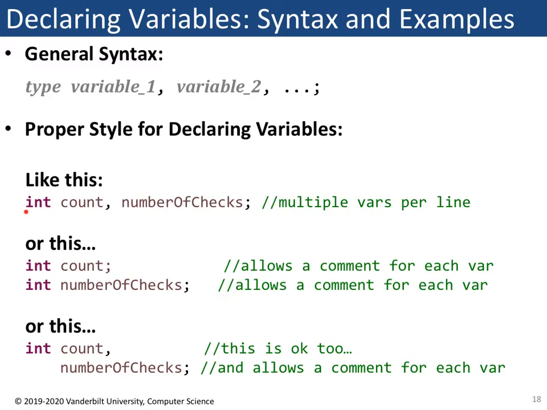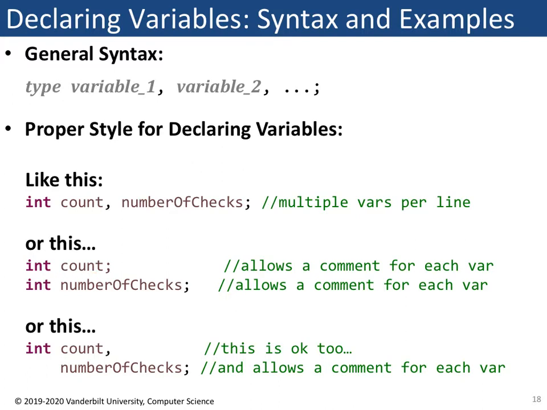Examples of this would be int count, comma, numberOfChecks, semicolon. So we have declared two variables, one named count with the type integer, and one named numberOfChecks with the type integer. Another way of accomplishing the same declaration would be to have int count, semicolon.